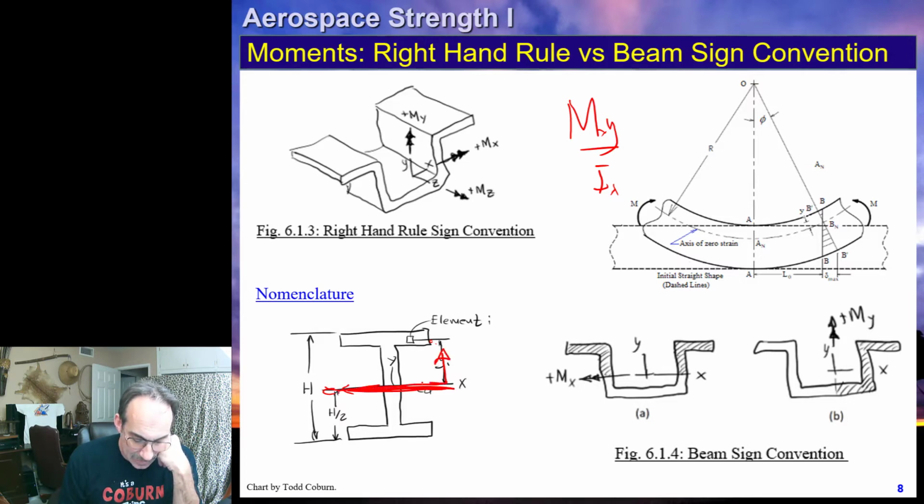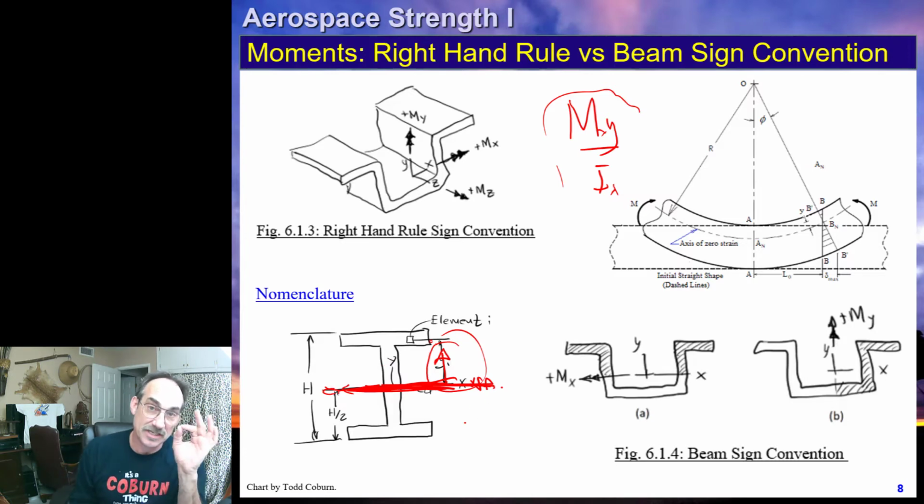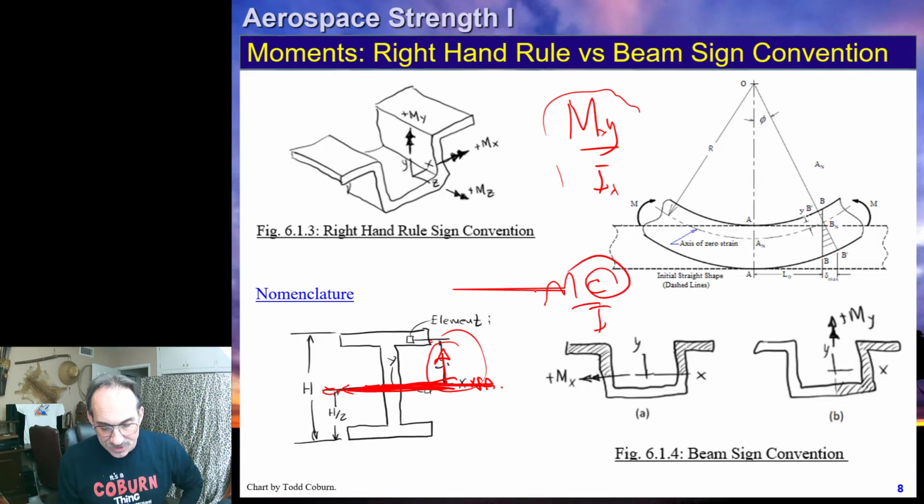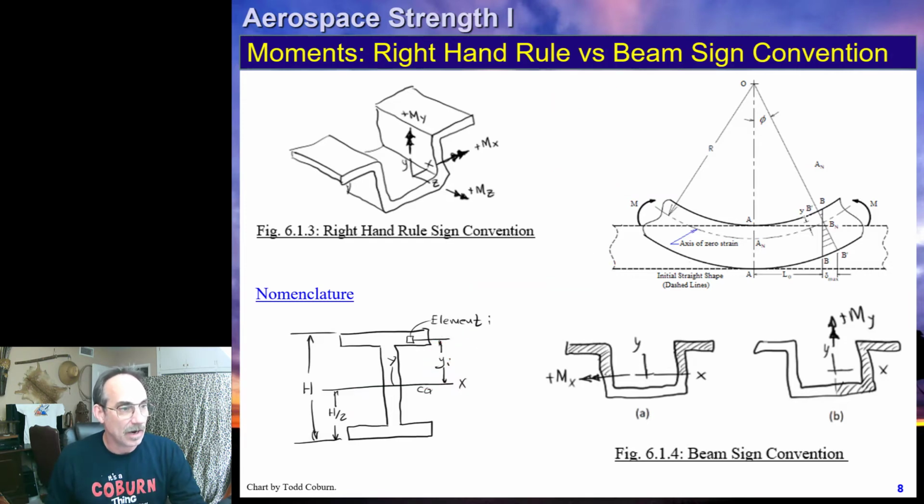In this case, the neutral axis and CG are the same. Okay? We're going to leave this nomenclature, moving from the neutral surface, and we're going to do something a little more detailed in just a moment. But if you understand this concept of Mc over I, where c is just the distance from the neutral axis, that will be a useful tool in analyzing these problems.